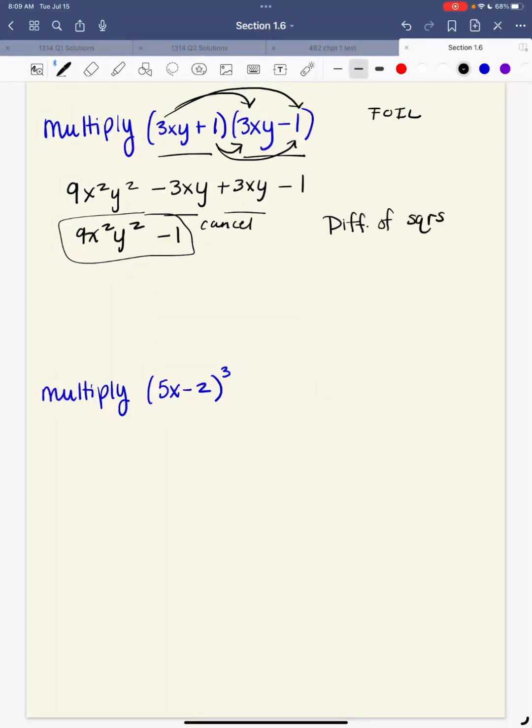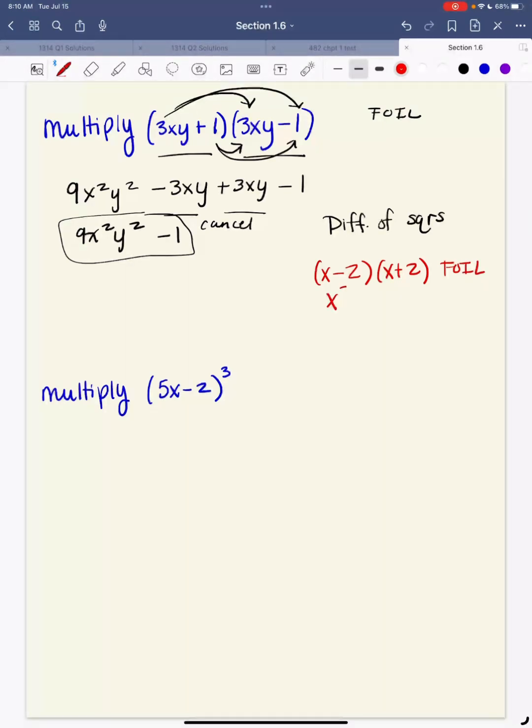Let me show you a quick brief example of a difference of squares that might bring it home a little bit better than this more complex one. Suppose I had x minus 2. Let's do x minus 2, x plus 2. When I FOIL this, let's look what happens.